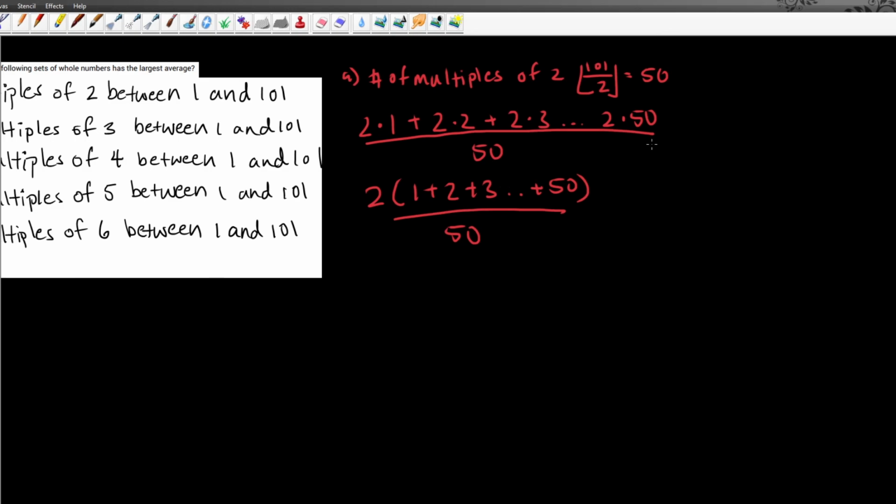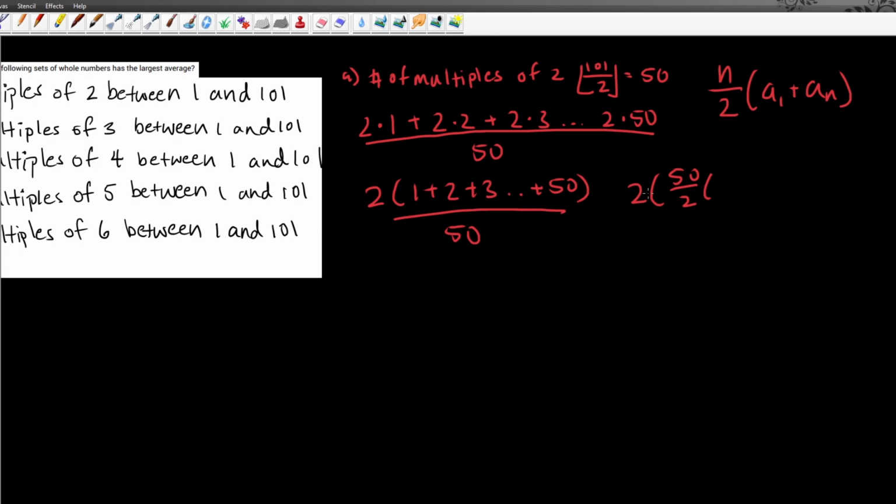So we can use the formula n over 2 times (a1 plus an) to figure out the sum of the arithmetic sequence. So this will be 2 times n over 2, where n is the number of terms in this series, so there's 50, so 50 divided by 2.